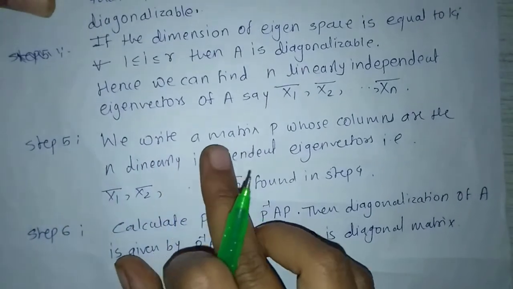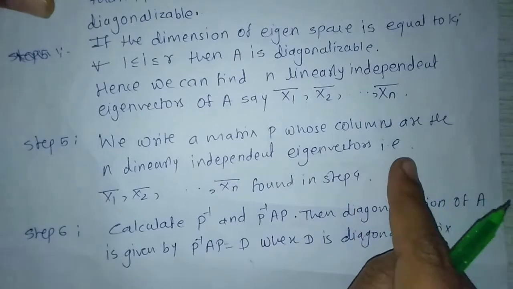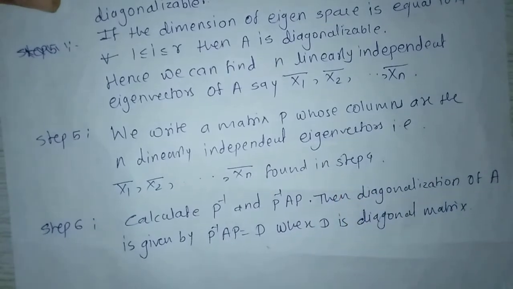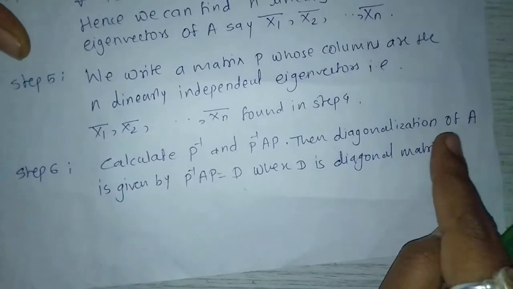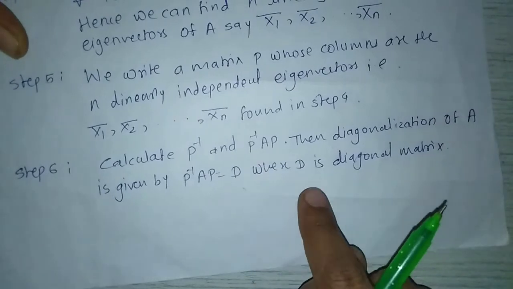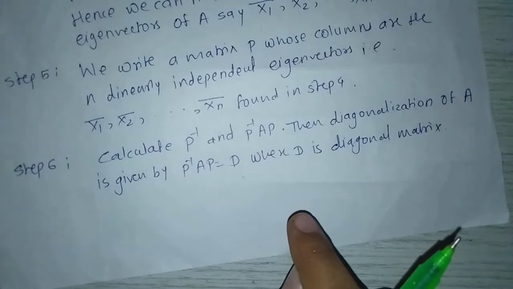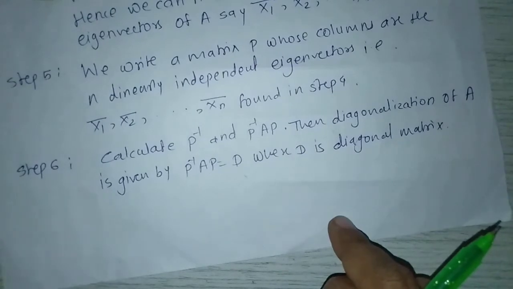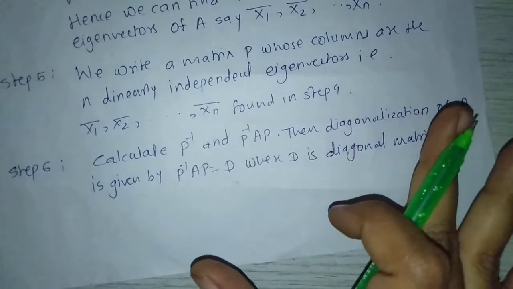Step 5, we write a matrix P whose columns are the n linearly independent eigenvectors x1 bar, x2 bar and so on xn bar found in step 4. In step 6, calculate P inverse and P inverse AP, then the diagonalization of A is given by P inverse AP equals D, where D is a diagonal matrix whose diagonal entries are nothing but the eigenvalues of A. If you cannot get the diagonal entries, then you can say that A is not diagonalizable.